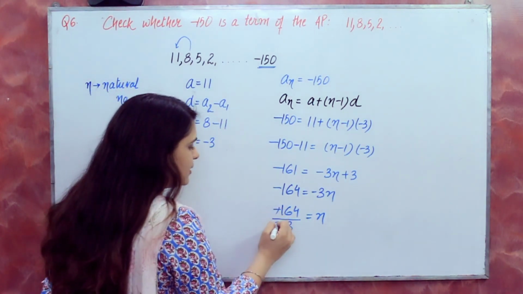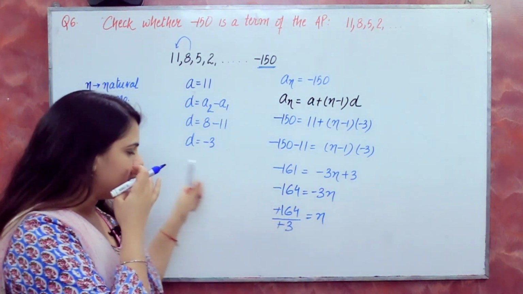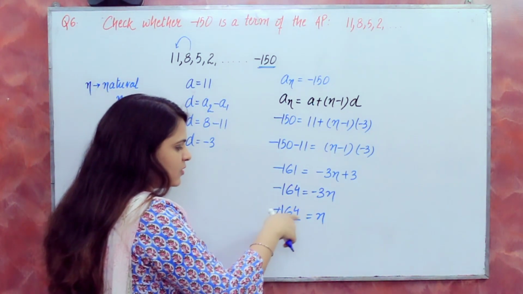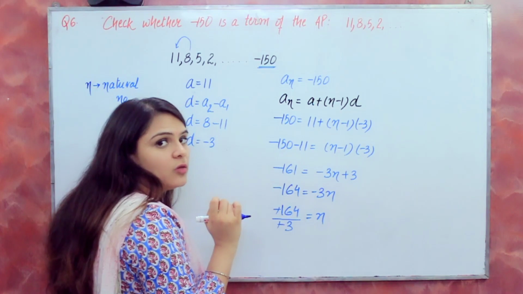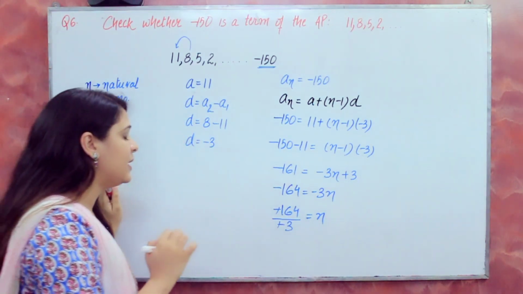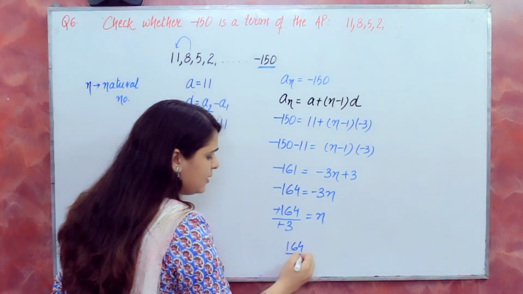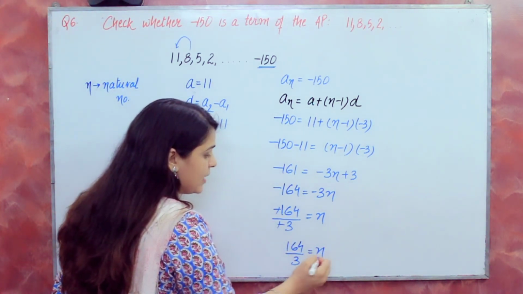Now let's check whether 164 is completely divisible by 3 or not. In this case, the sum of the digits of the numerator is 11, so that means it's not divisible by 3, and our answer will be a fraction. 164 by 3 is equal to n.